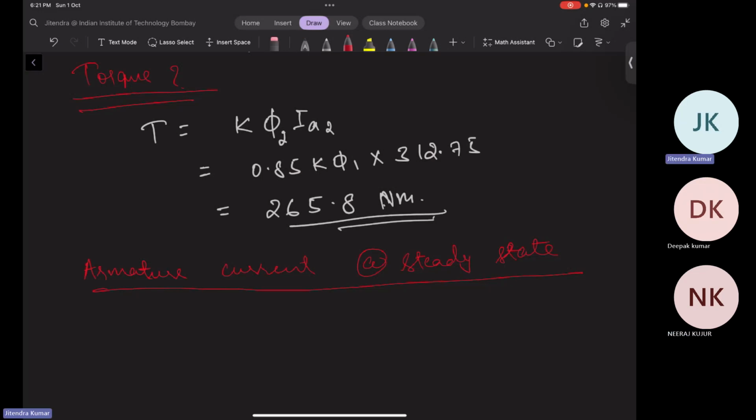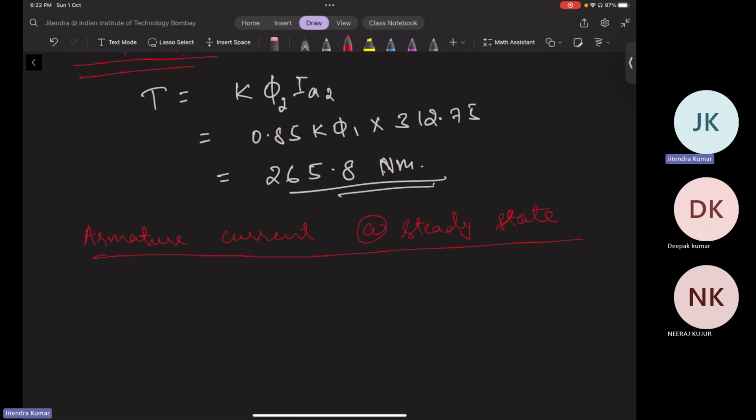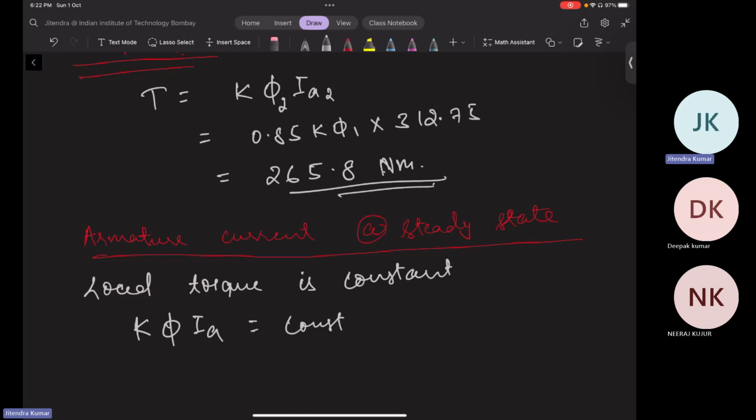Let us see in this section. So first, to maintain the same torque, what we have to do, according to the problem, the load torque is constant. So load torque is again K phi Ia, which is constant, right?